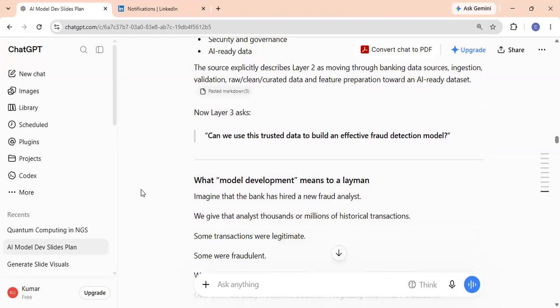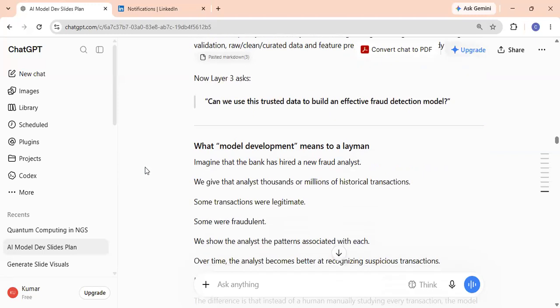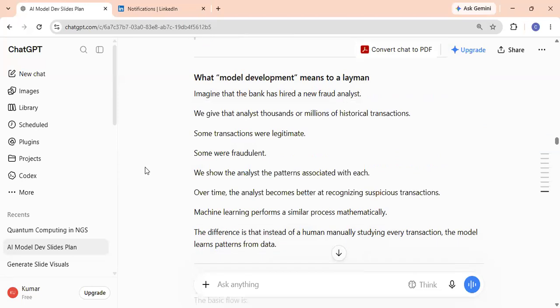Now layer 3 asks, can we use this trusted data to build an effective fraud detection model for development purposes? So what model development means to a layman is, imagine that a bank has hired a new fraud analyst, an employee example. We give that analyst thousands or millions of historical transactions.